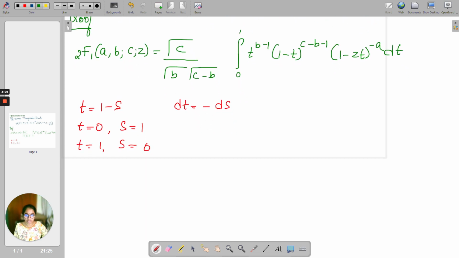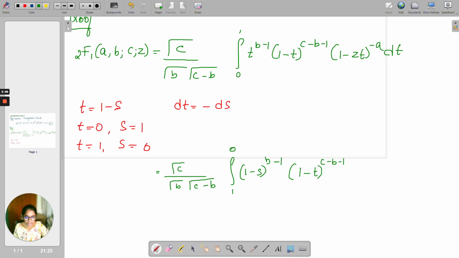So the RHS would be gamma c divided by gamma b, gamma c minus b, integration 1 to 0, (1 minus s) to the power b minus 1 into (1 minus t) to the power c minus b minus 1.